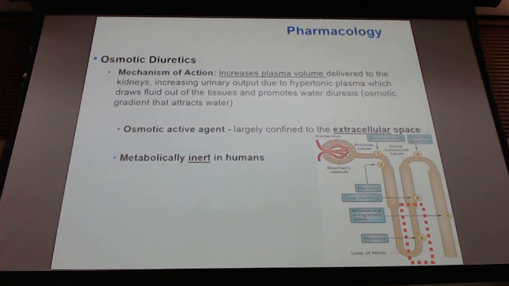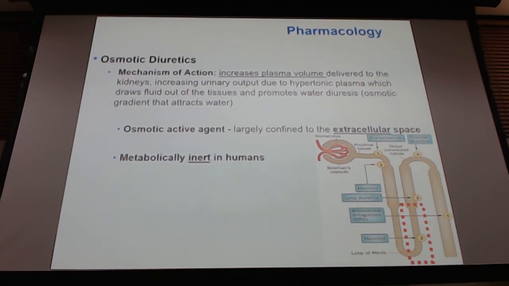Right, next we have osmotic diuretics. So these act in the descending loop of Henle. We have increases of plasma volume delivered to the kidneys, increasing urinary output due to hypertonic plasma, which draws fluid out of the tissues and promotes water diuresis.